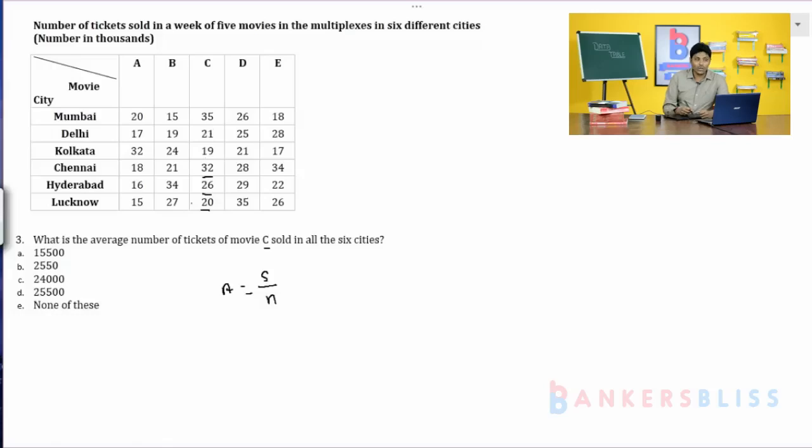So 30 plus 20 is 50, plus 10 is 60, plus 30 is 90, plus 20 is 110, plus 20 is 130. So it is 130 plus the remaining values you have to add: 5 plus 1 is 6, 6 plus 9 is 15, 15 plus 2 is 17, 17 plus 6 is 23.